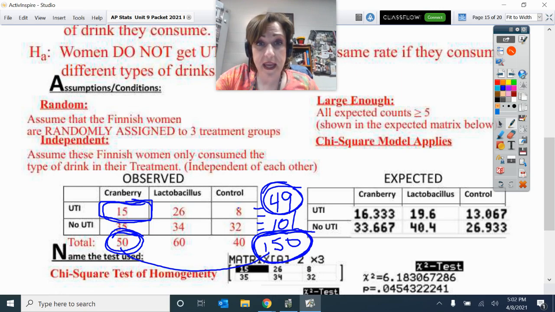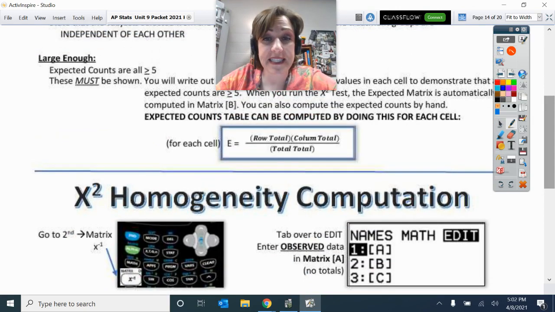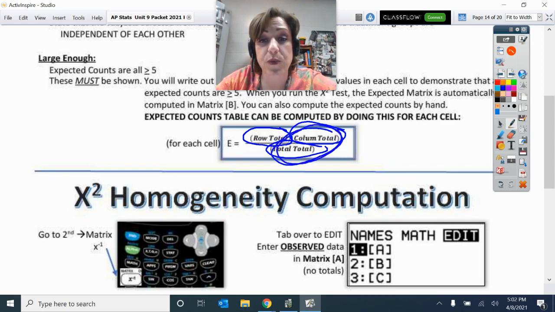On that previous page, I talked about the way to get the expected counts for each cell by taking the row total, multiplying it times the column total, over the overall total. Because in this case, this right here was the rate at which the cranberry juice people were in the sample, and then we did it in terms of how many UTIs there were.